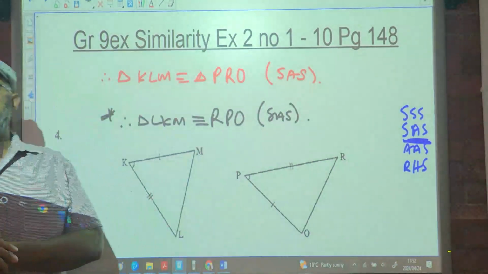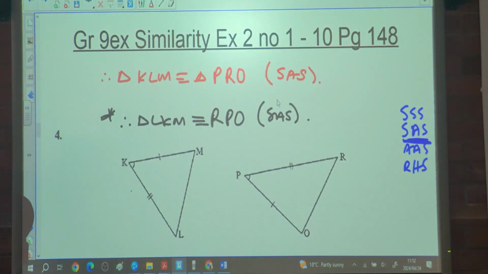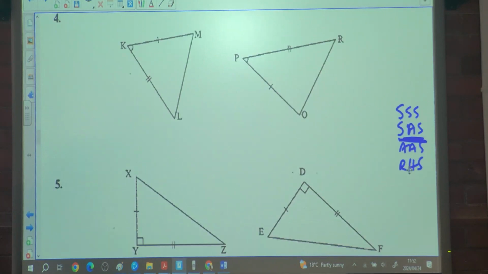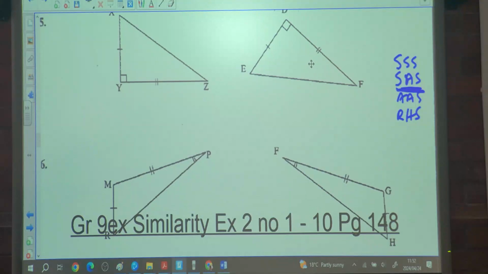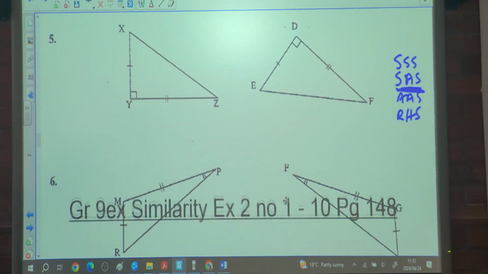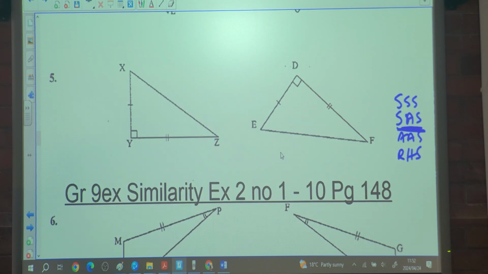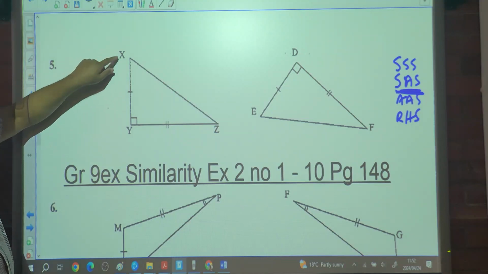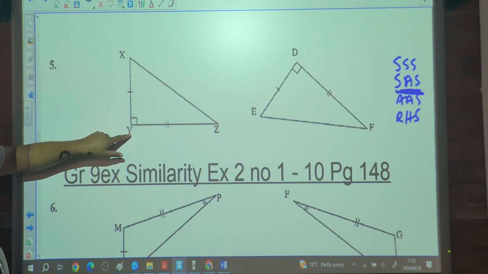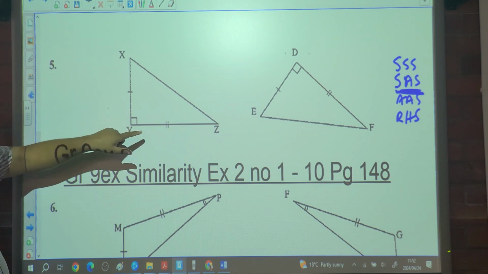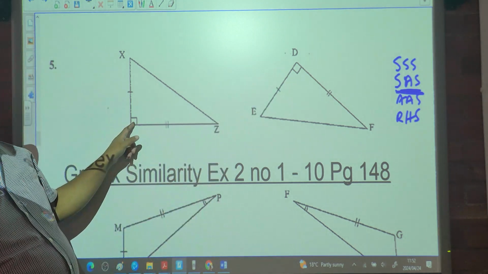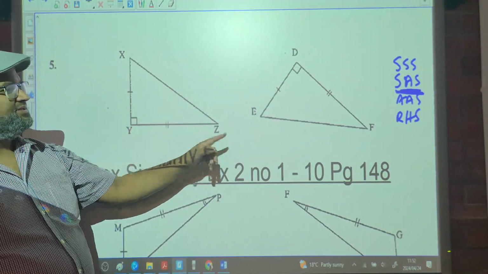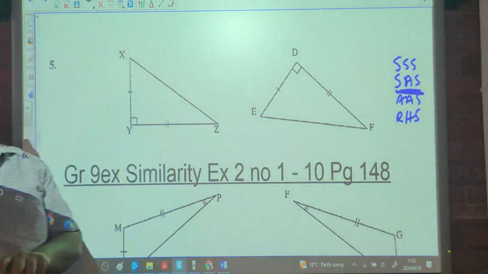Anybody else that's confused? Number 5. XY is equal to D. Angle Y is equal to angle D. YZ is equal to D. Are the two triangles congruent?